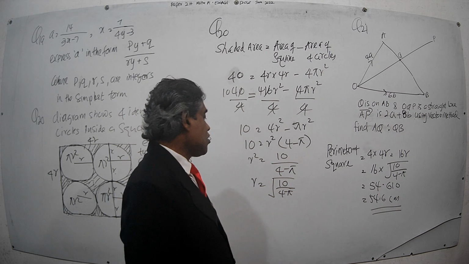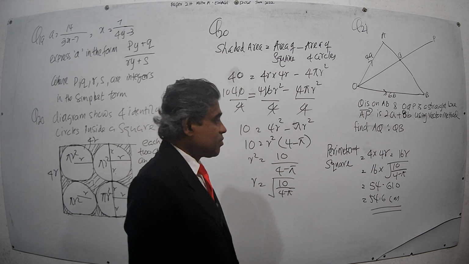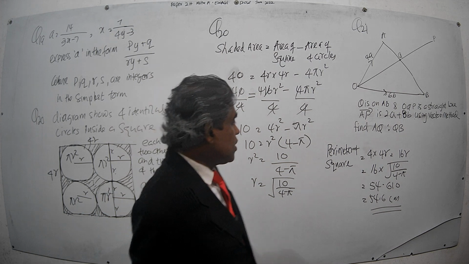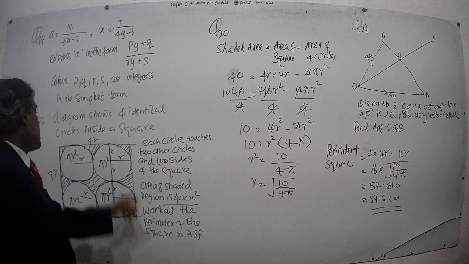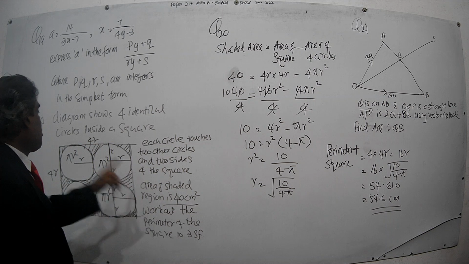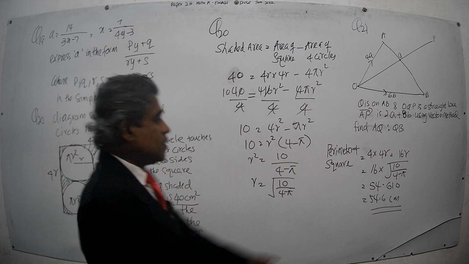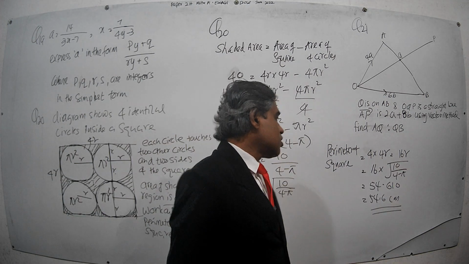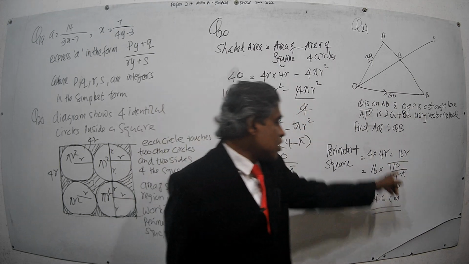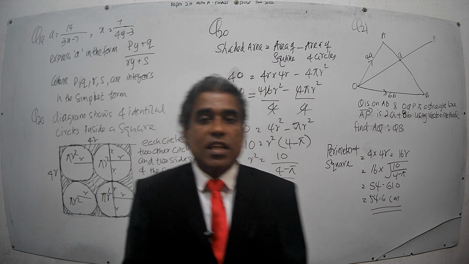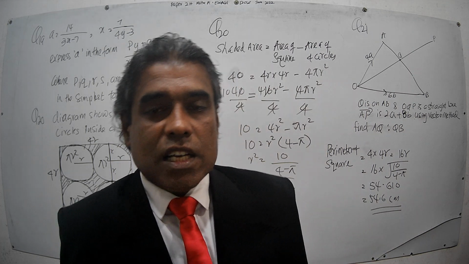Then r equals the square root of this. Then the perimeter is the sum of all 4 sides, 4 into 4r, that is 16r. Then we substituted this r value into this one and took the answer. And therefore, that is the answer of this one.